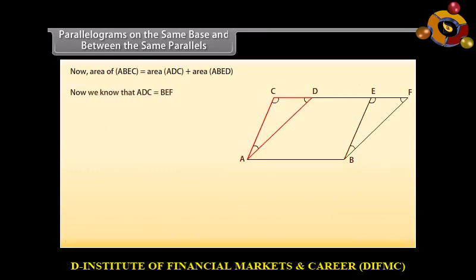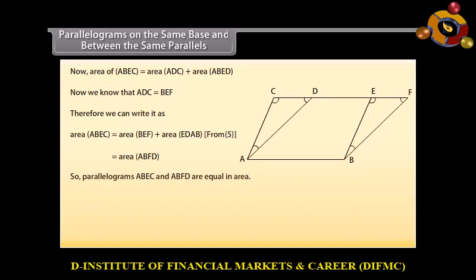Now we know that ADC is equal to BEF, therefore we can write it as area ABEC is equal to area BEF plus area EDAB from 5, which is equal to area ABFD. So, parallelograms ABEC and ABFD are equal in area.